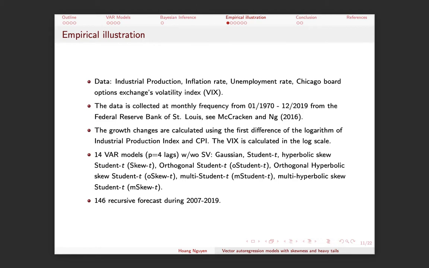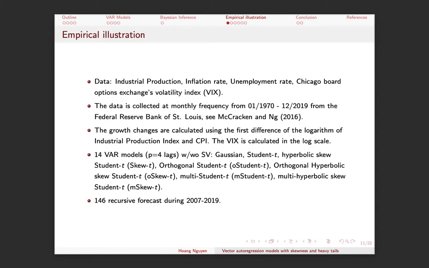So for the empirical illustration, we will show an example of 4 variables VAR models with industrial production, inflation rate, and unemployment rate with the VIX. The data is collected at monthly frequency from January 1970 to December 2019.